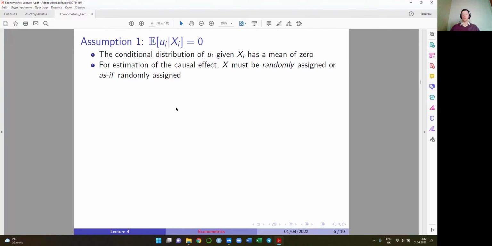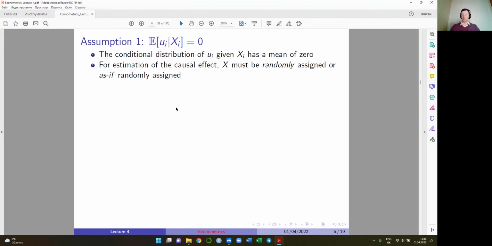So for example, what might be as if randomly assigned? The birth date of a person, right? We are not making experiments on people when they are born, but basically the birth date is more or less as if randomly assigned to the person. We can also think about some natural disasters as if randomly assigned, like floods or tornadoes or earthquakes.